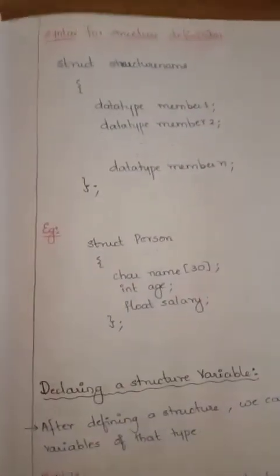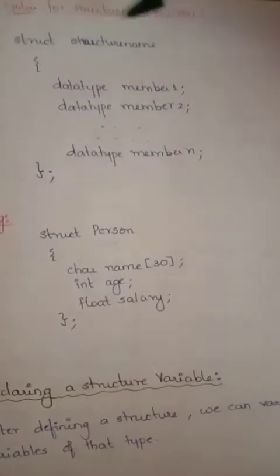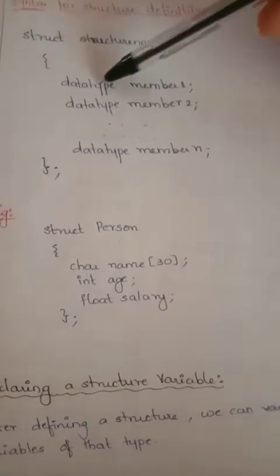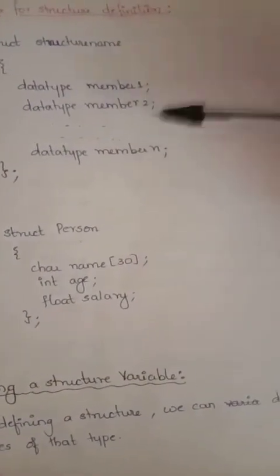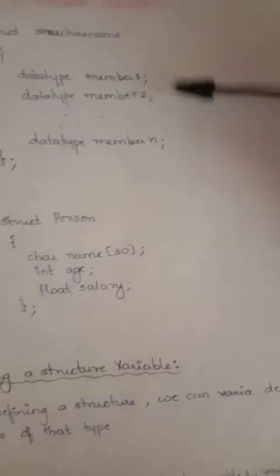Now let's see how to declare a structure. The syntax for structure declaration is struct, structure name, open your curly braces. There are different types of members, different types of data being grouped inside the structure.